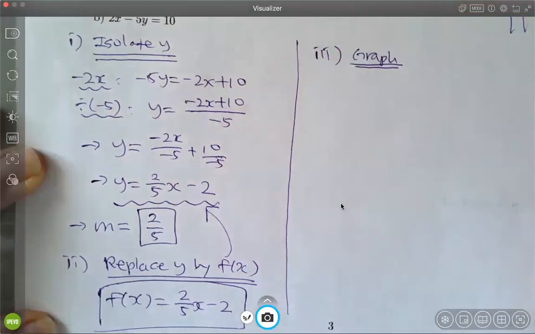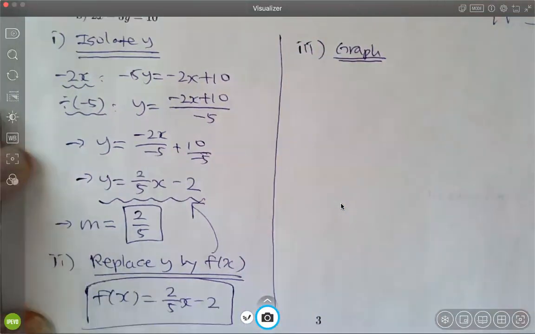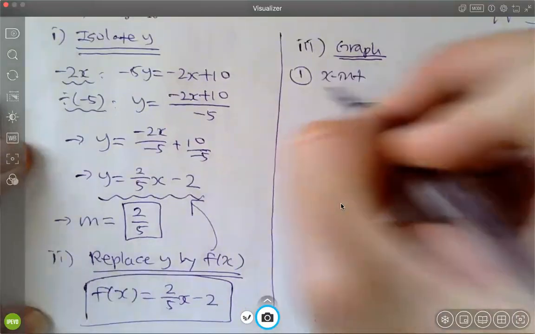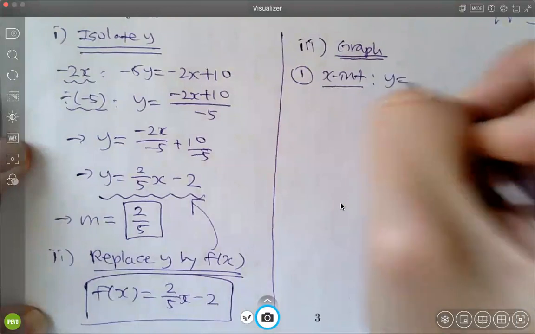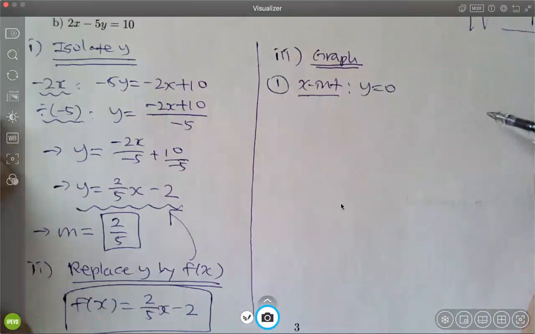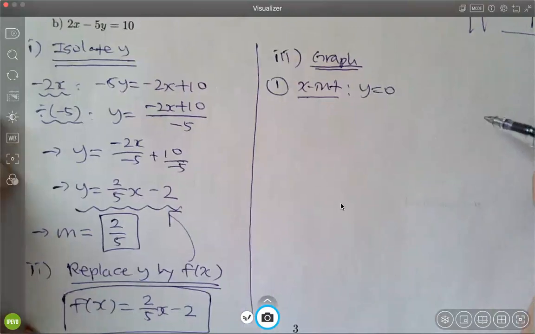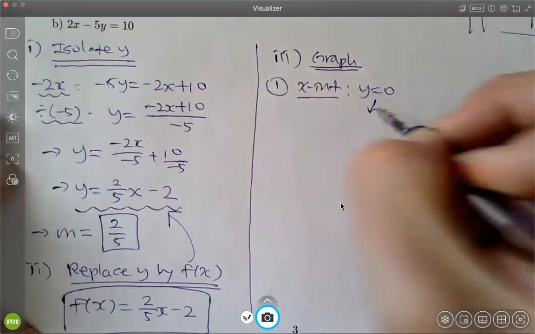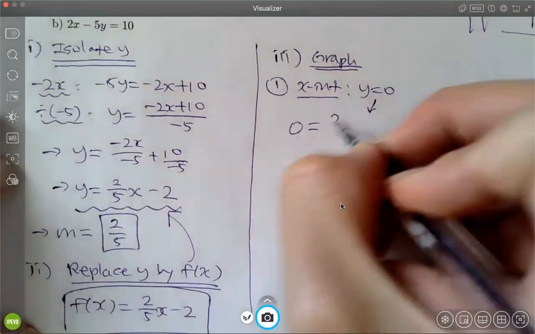Okay, so remember we have to find the x and y intercepts. So first one, x-intercept. So we said y equal to 0. Okay, so now set y equal to 0. So what do you get? 0 equals 2 over 5x minus 2, right?